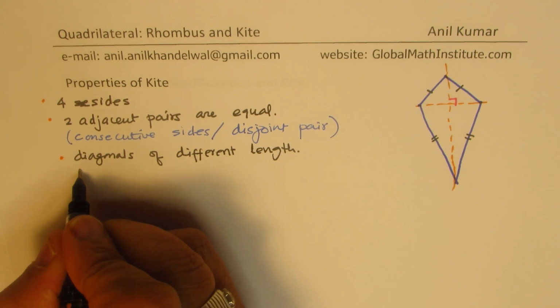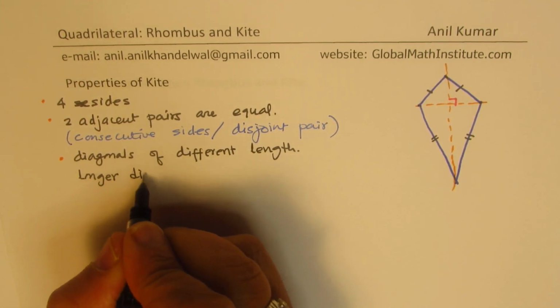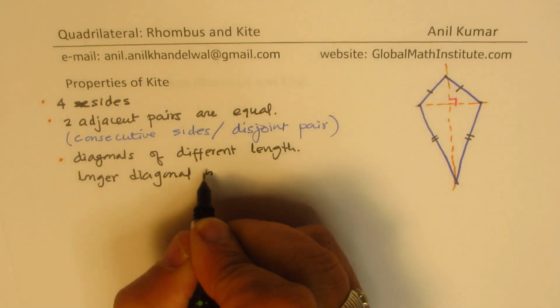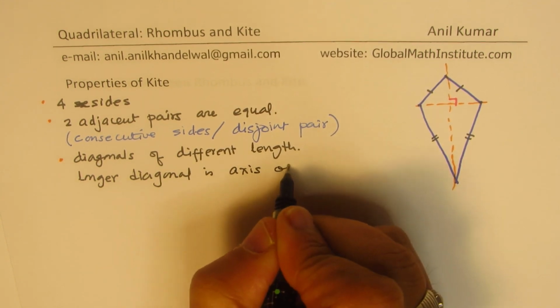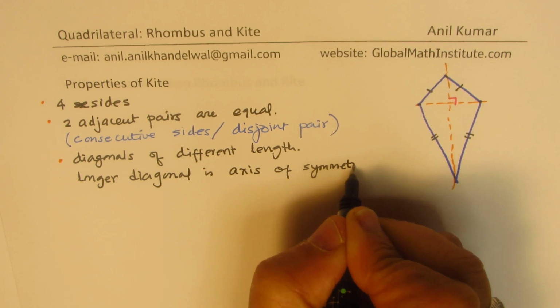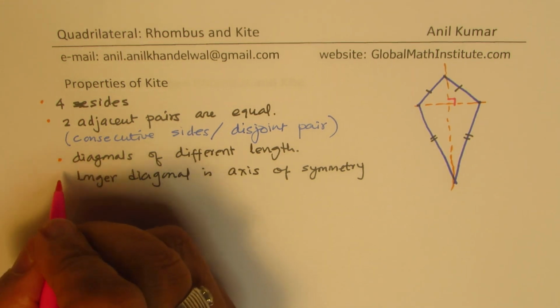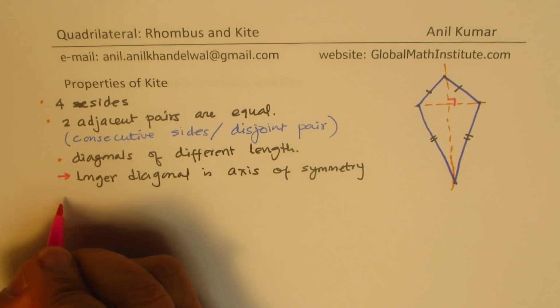So we can say the longer diagonal is the axis of symmetry. Some properties of a diagonal are very important here. One is that the longer diagonal is the axis of symmetry.